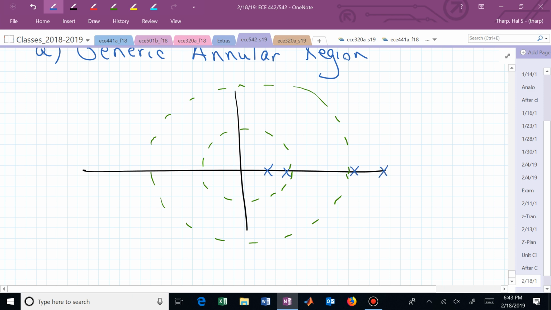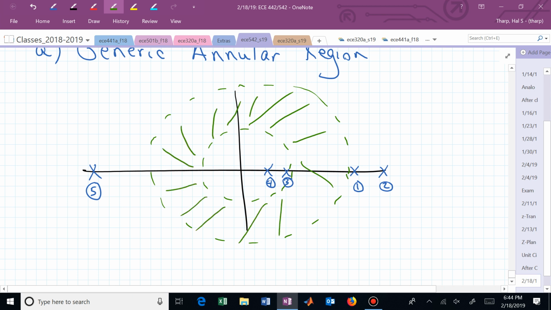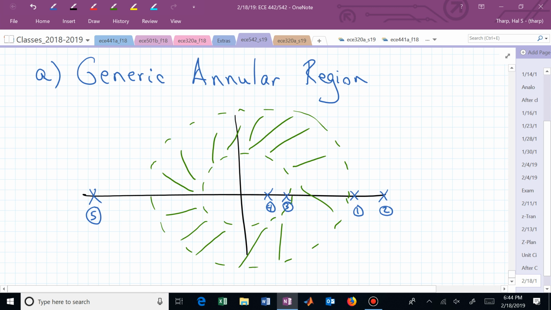Here's another one, here's another one, and here's another one. Let me call this pole 1, pole 2, and pole 5, and this is now pole 3 and pole 4. And my generic annular region relative to those poles looks like that. What can we say about the modes associated with these 5 poles relative to this region of convergence? And how do we associate which poles with what kind of behavior?